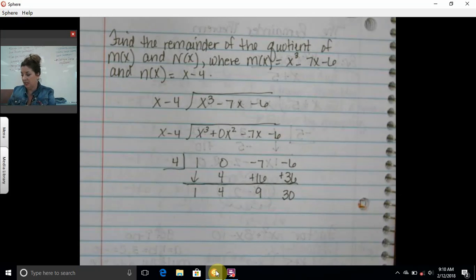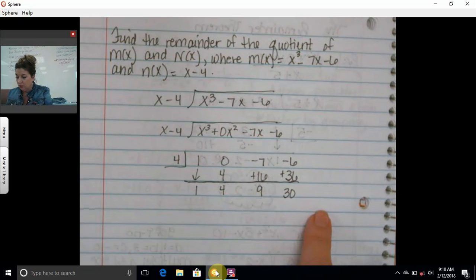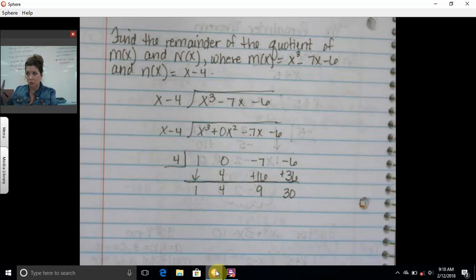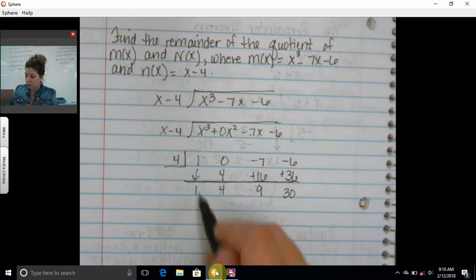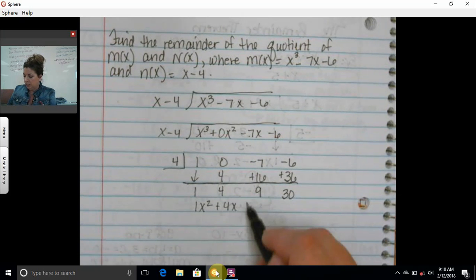Now we stop multiplying because we don't have any more numbers, right? So in my quotient, what's going to be the highest degree? The first term is going to have how many degrees? 2. Because if this has 3 degrees, then we just go 1 below that. So my answer will be 1x squared plus 4x plus 9.